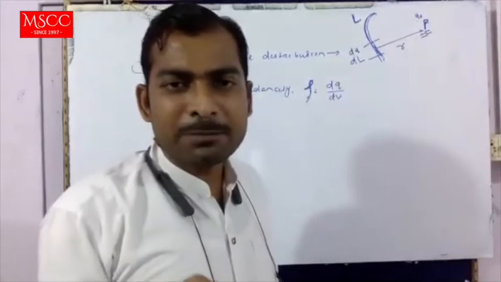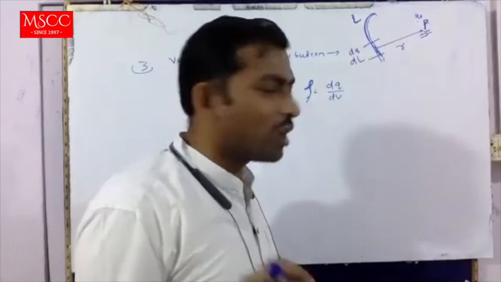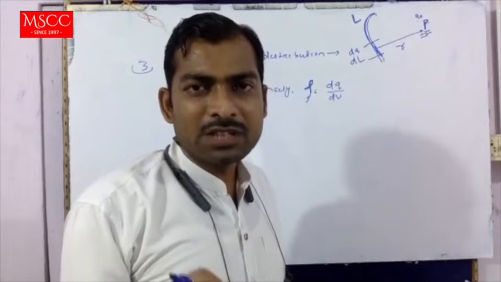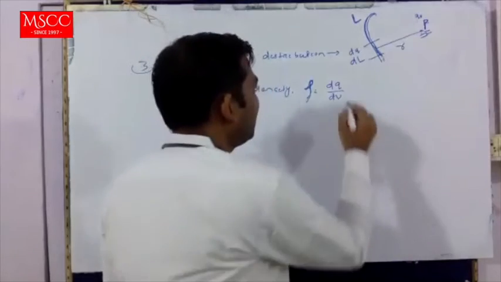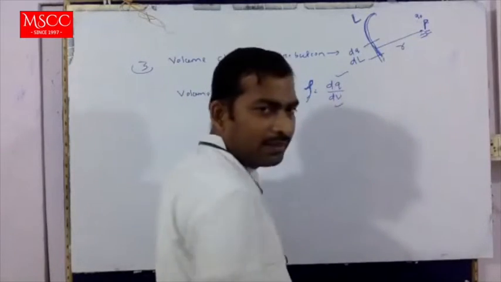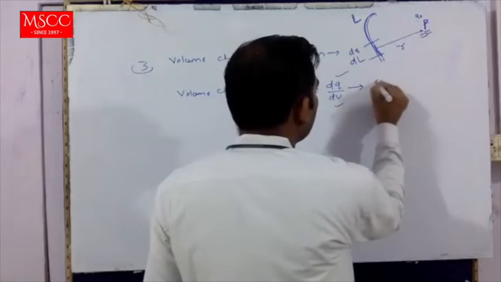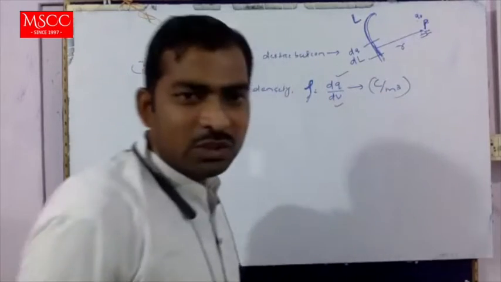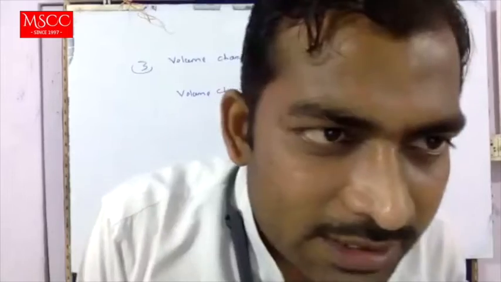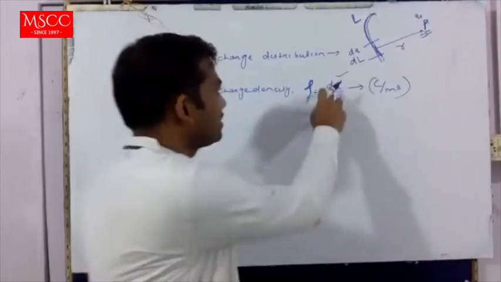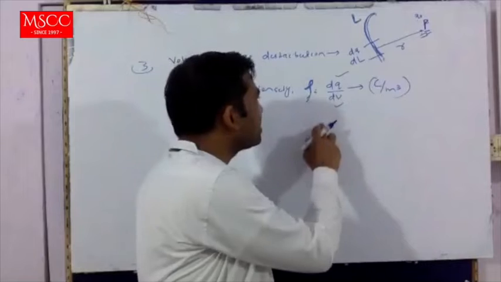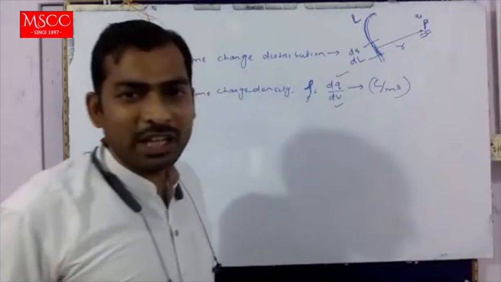Linear is charge per unit length, surface is charge per unit area, volume is charge per unit volume, that is dq by dv. Unit is coulomb per meter cube. First one is coulomb per meter, second one is coulomb per meter square, third one is coulomb per meter cube.